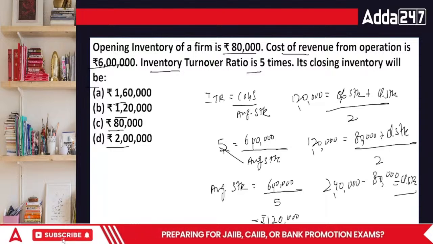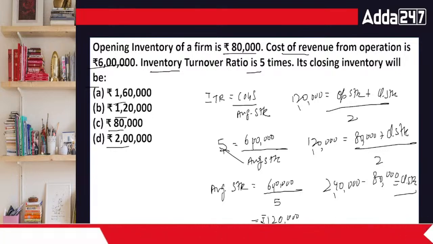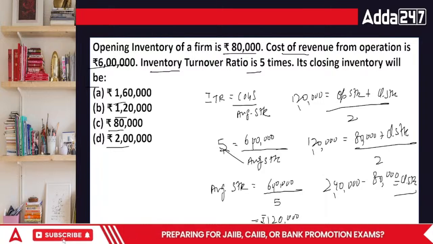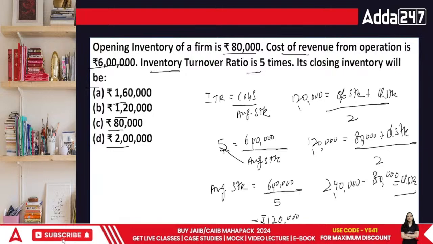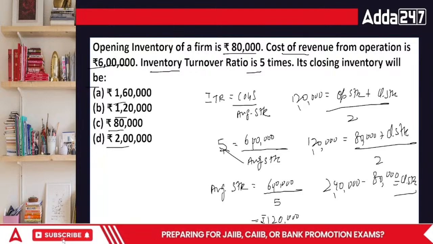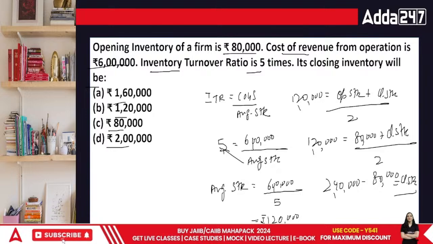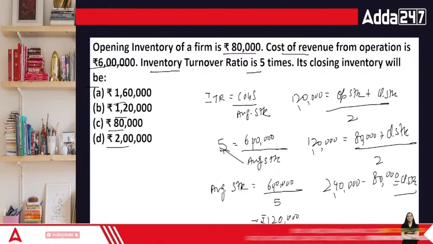Let me know if you're all done with it. Done everyone? See, in this case, first of all, I had to apply ITR, then I had to apply the average stock formula, and then we calculated the entire answer, right?